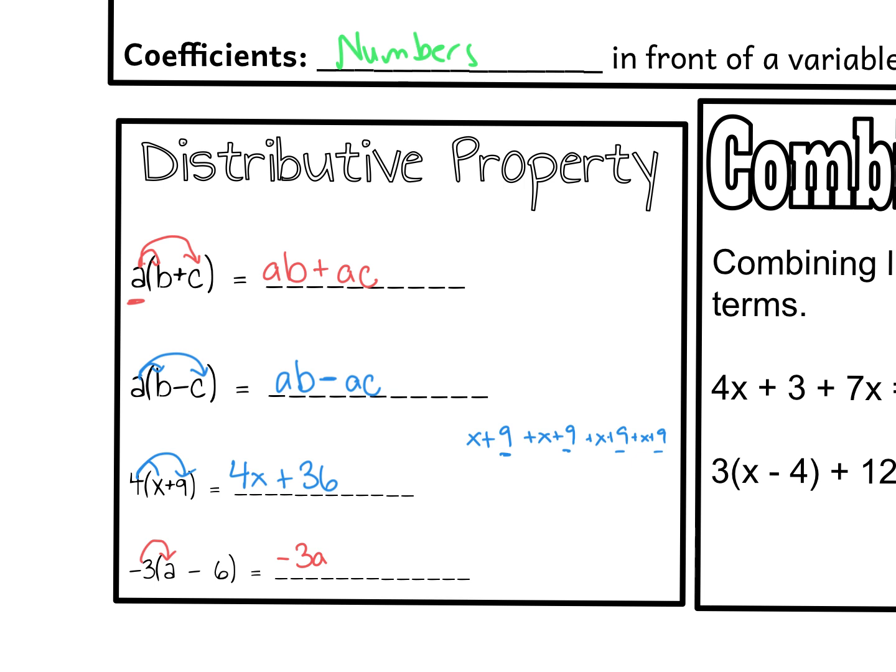And just like when we're simplifying, we're going to think of this in terms of a negative 6 at this point. Even though it's minus 6, it's like a negative 6. So I'm going to take negative 3 times negative 6. We know 3 times 6 is 18, but since it's a negative times a negative, this will actually end up being a positive 18.